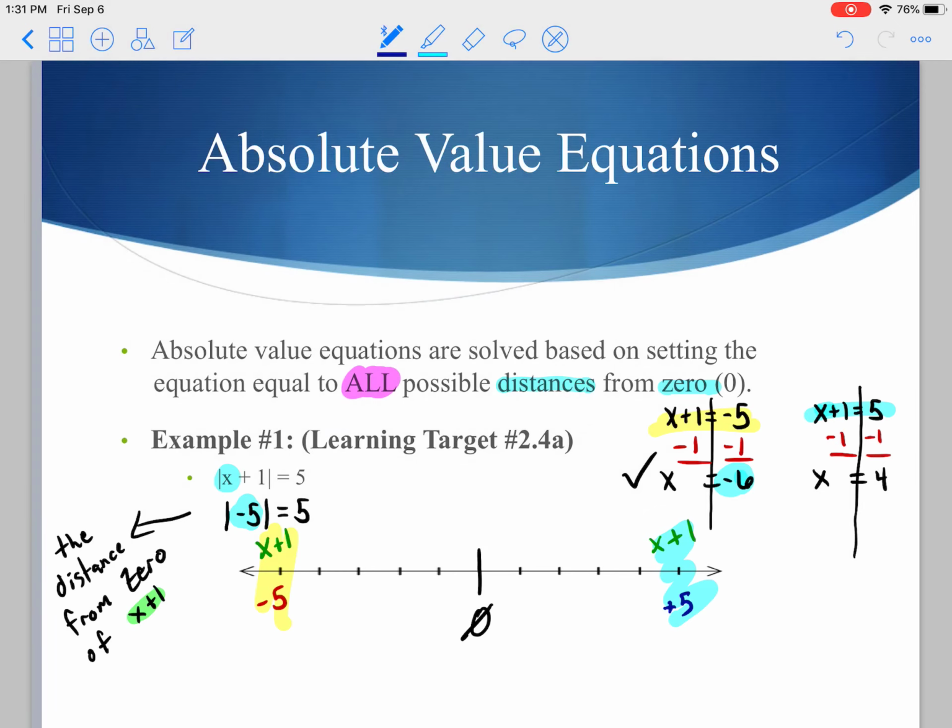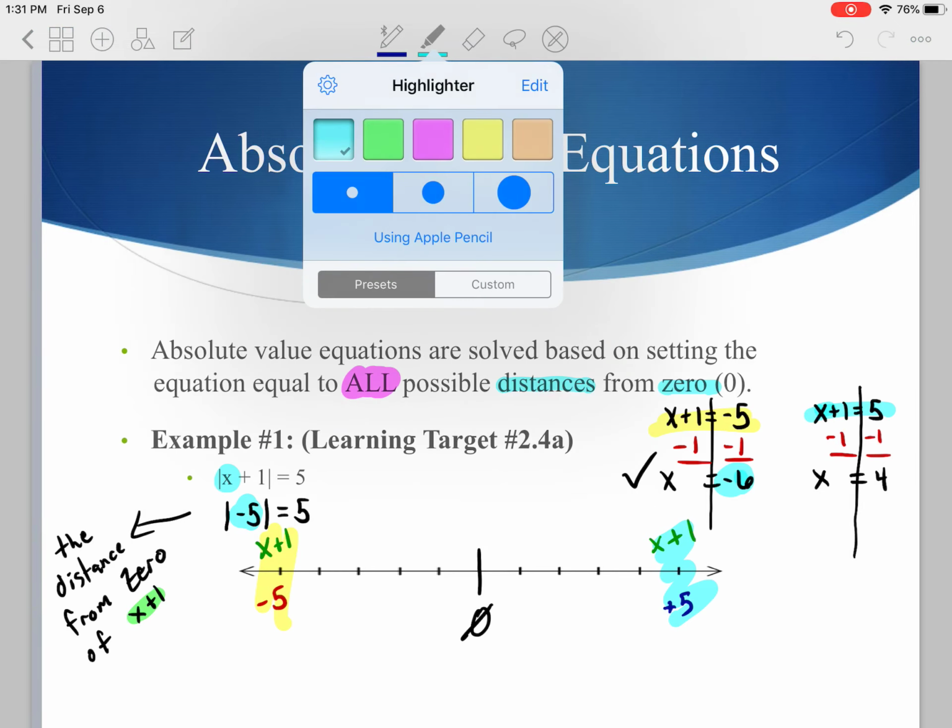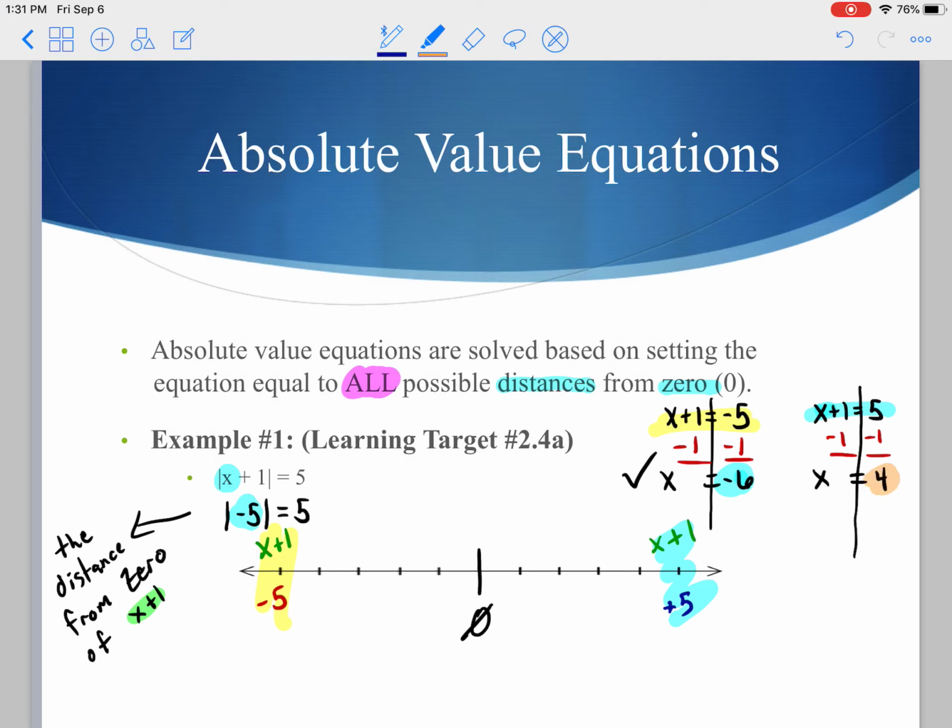Let's look at the case of x equals 4. If I were to substitute the 4 in for x, I would have an equation that reads the absolute value of 5 is equal to 5, or the distance of +5 from 0 is 5 units. That is also true, and so 4 is also a valid solution.